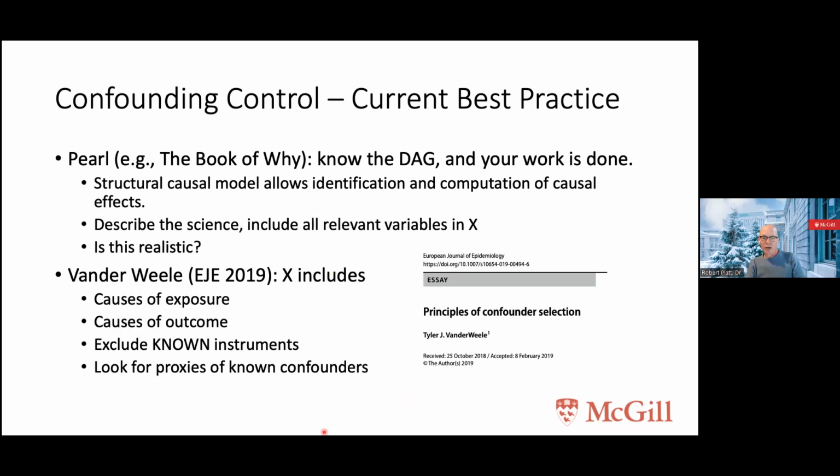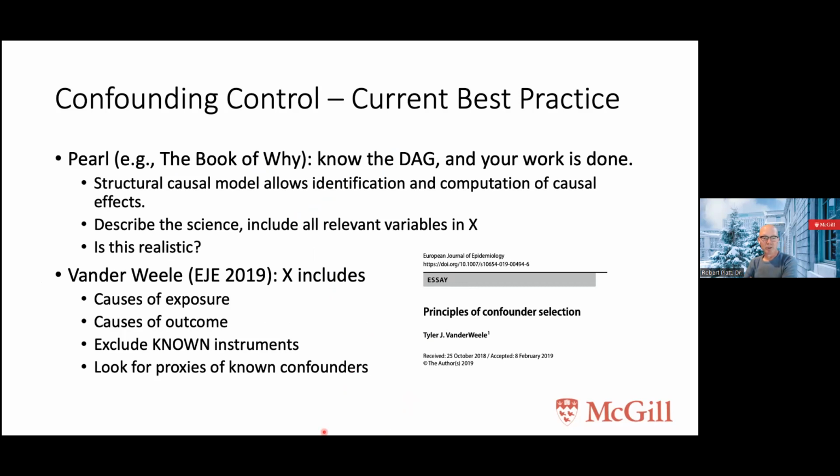So what do we do when we're faced with confounding and we want to do something with it? We want to control for confounding. Judea Pearl is one of the most well-known and well-written authors on this problem.